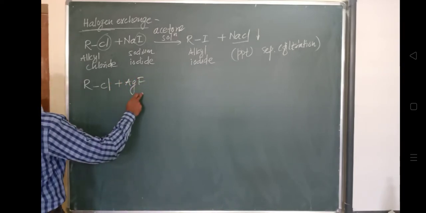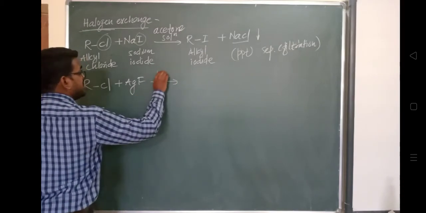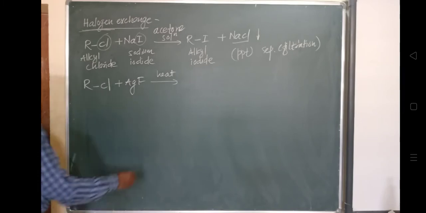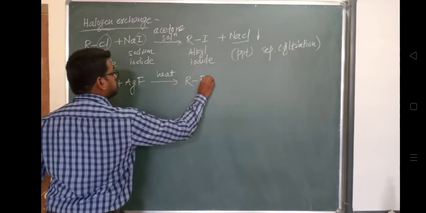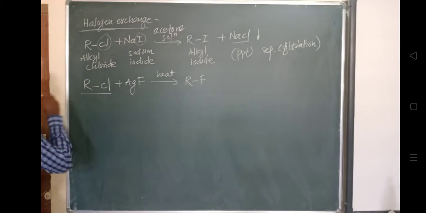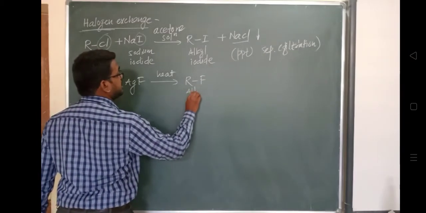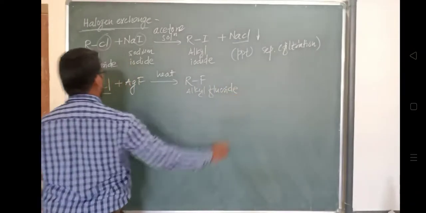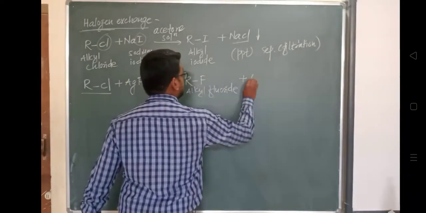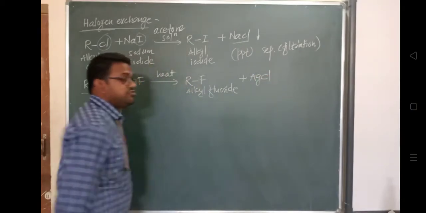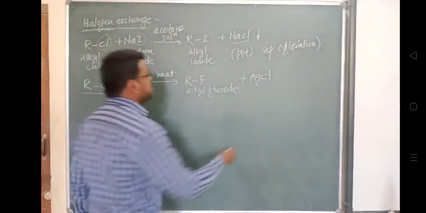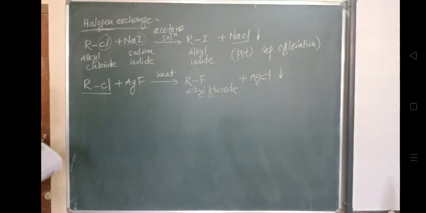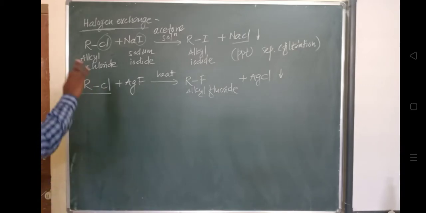Whenever we heat this, we obtain RF, where RCl is alkyl chloride, and in this way we obtain alkyl fluoride. The AgCl, silver chloride, is collected as a precipitate, same as sodium chloride. So this reaction is also called halogen exchange.